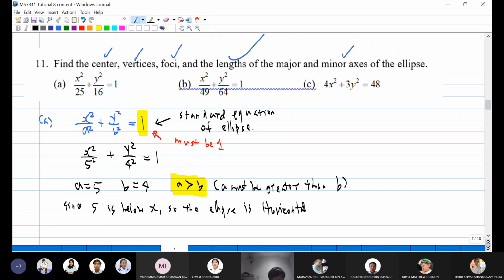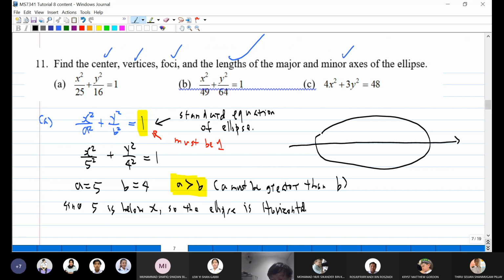So the ellipse is horizontal now. So you can start drawing the horizontal ellipse here. So start drawing now. Part A, horizontal ellipse here. So x is horizontal, y vertical.